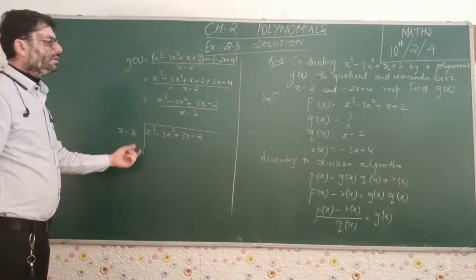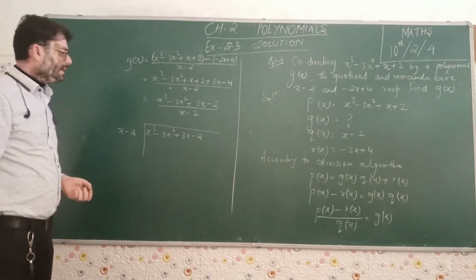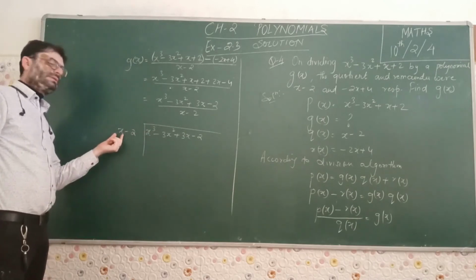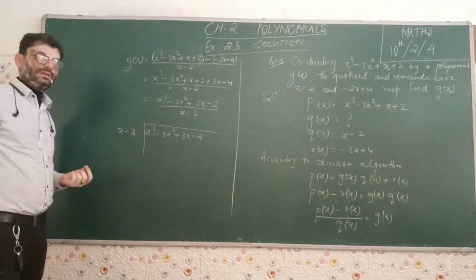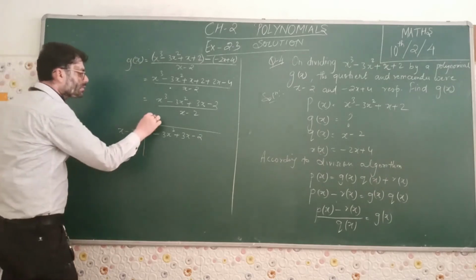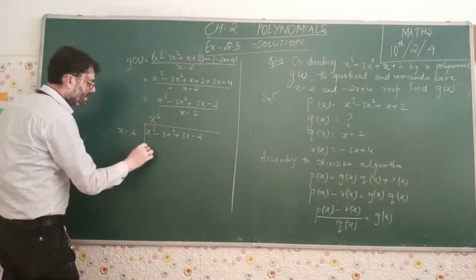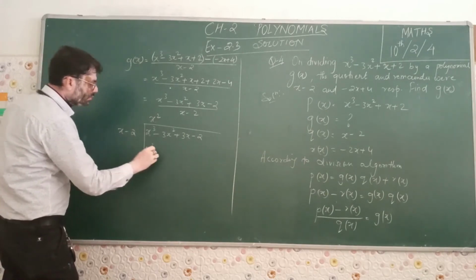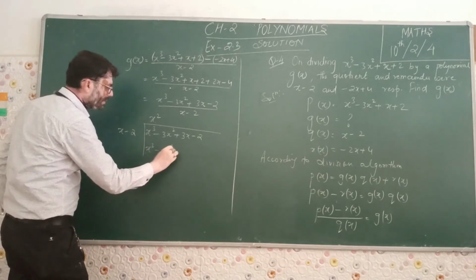And the division follows same as we have done in previous classes. We will have to divide the first term of the dividend by the first term of the divisor to get the first term of the quotient. So x cube divided by x gives me x square. So x square into x is x cube, and x square into minus 2 is minus 2x square.